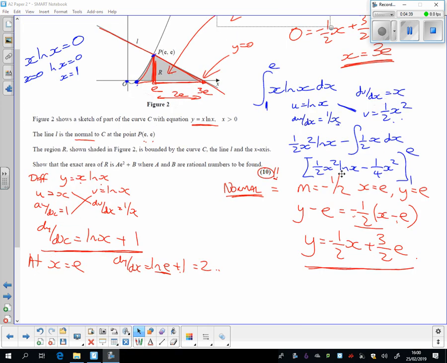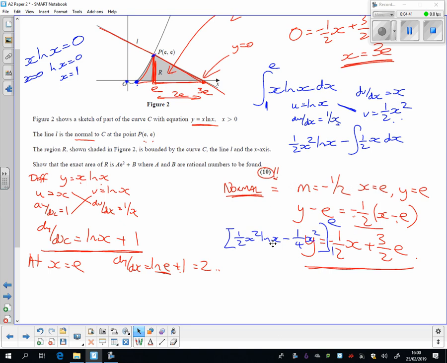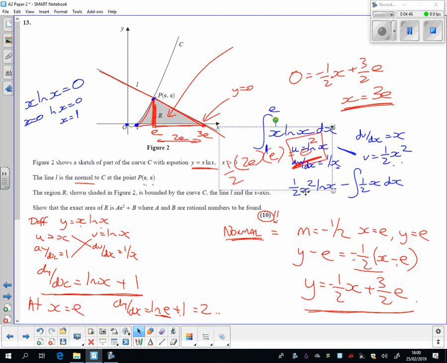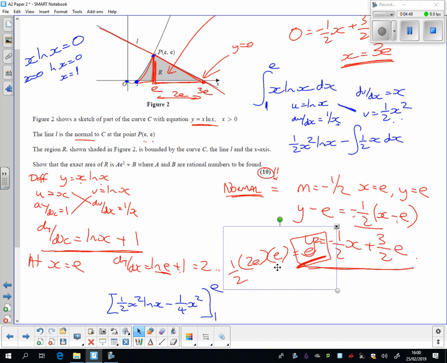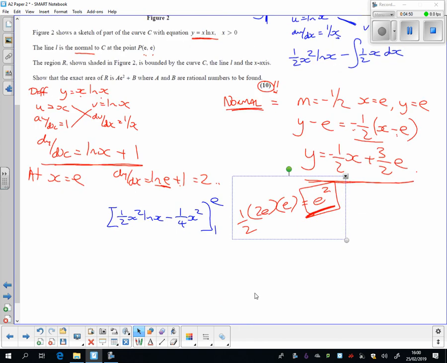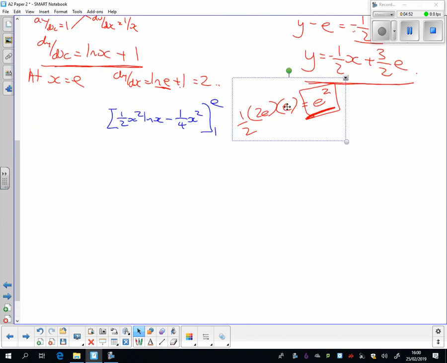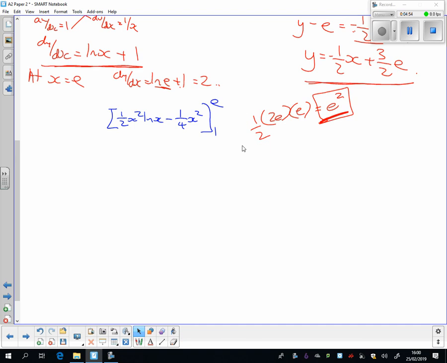Right, so just looking at what we've got, this part here, which we're going to need to put those values in. We've also got the e squared from the triangle there, so let's just bring that down as well. And let's just try and work with that now. We just need to put those bits together.